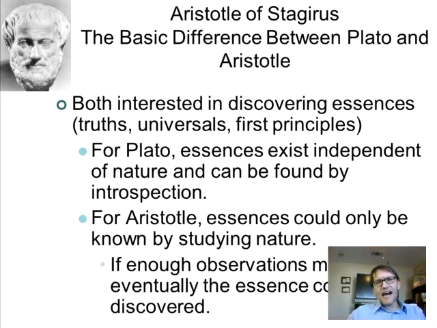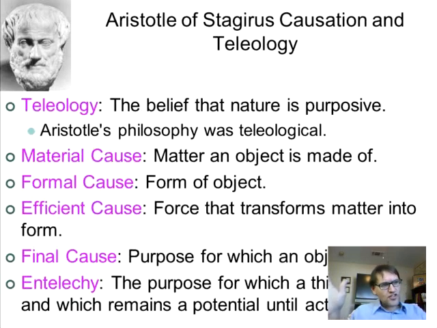But Aristotle had a lot of other things to say as well, and I want to touch on a couple that are potentially particularly interesting for our purposes. Aristotle argued for this thing called teleology. It's quite an interesting philosophy. Nature has a purpose. Teleology is sort of a belief that there is no randomness.